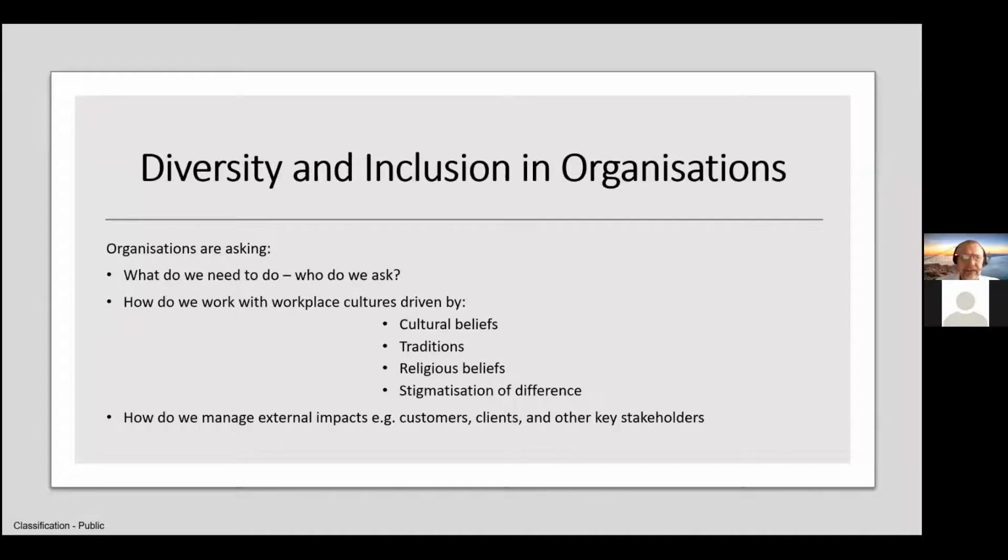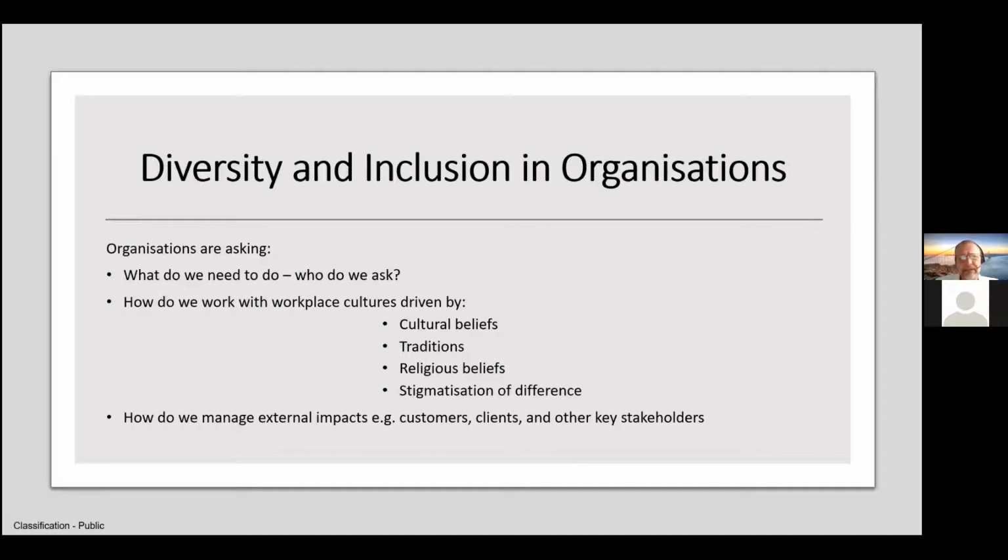It's clear to the providers of these standards and frameworks that organizations are really asking internally and externally, diversity and inclusion, what do we need to do? And who do we ask? Where do we get the right answers from? What is the best way forward?